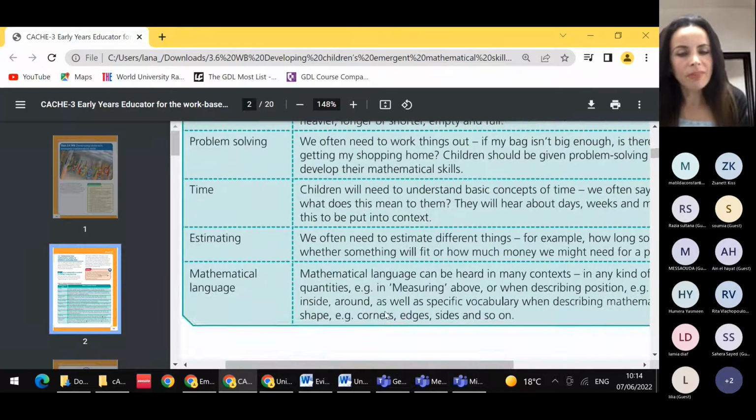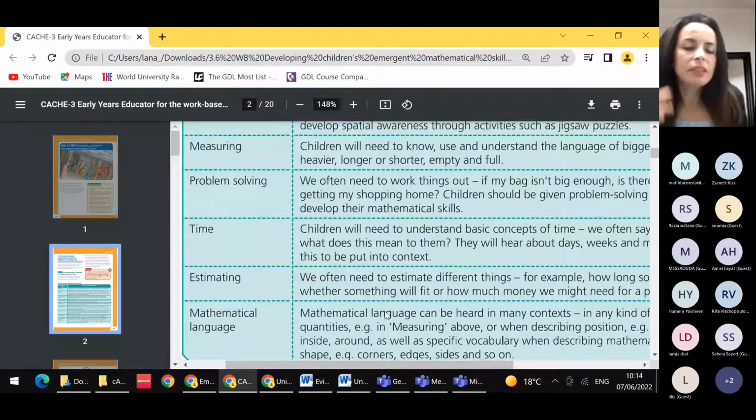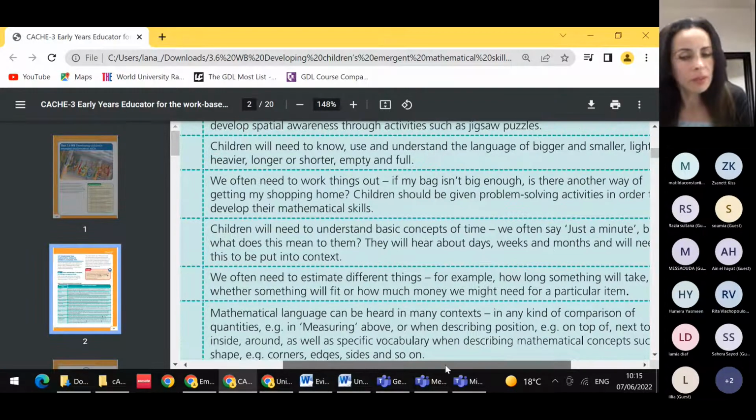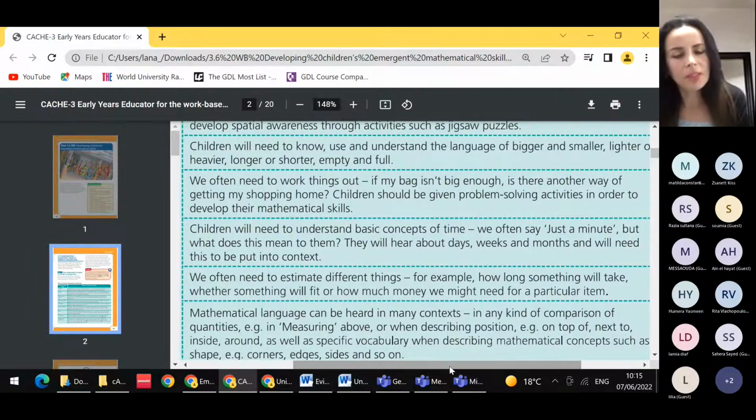Also problem solving. Maths teaches problem solving, and in real life you need to use these skills as well. We often have lots of things to sort out. For example, they put some examples for you in the book: if the bag is not enough, you need another one to take the shopping home.